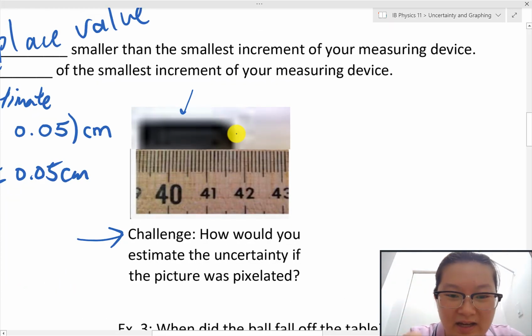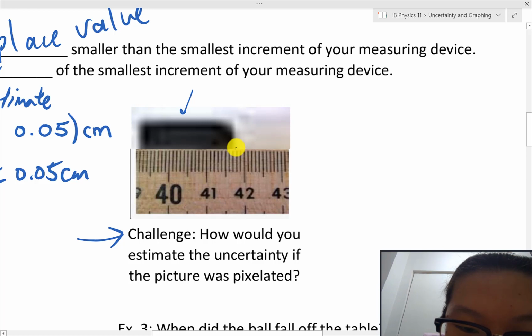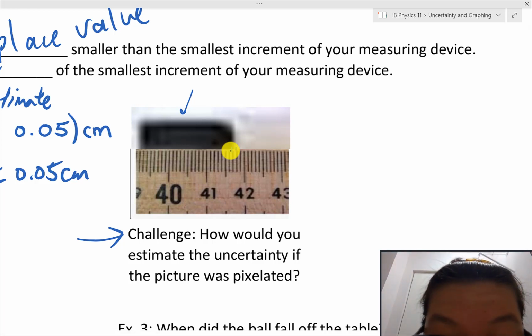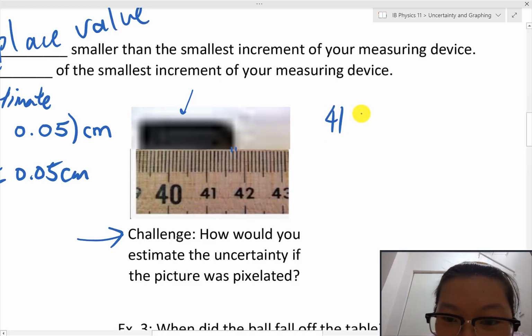So right there is where I think the fuzziness stops. That's where I think the fuzziness begins. Okay, hopefully you can see that. And as a result, it looks like my reading is going to be somewhere in between there. I might even have to estimate this as 41.70 centimeters.